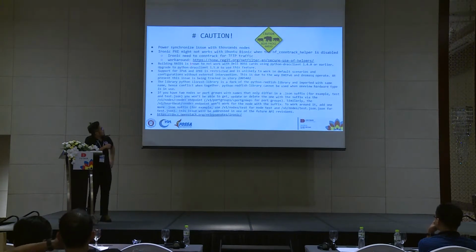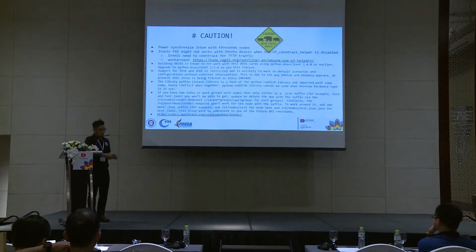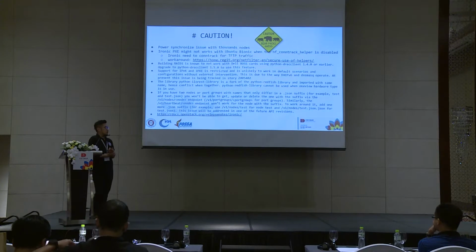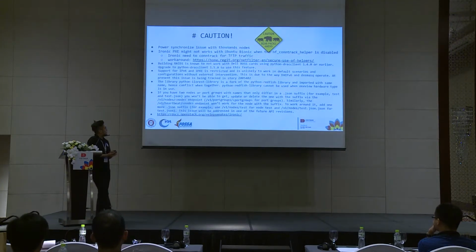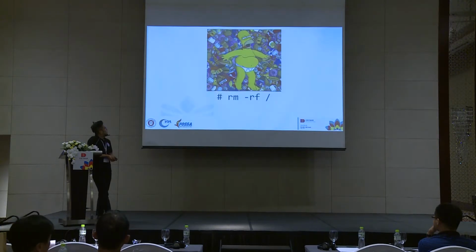So there's a workaround for PXE under the Ubuntu Bionic version when the contract helper is disabled. The workaround is there, so feel free to check it if you actually want to do it. Those are the two most likely things you might encounter, but the rest you can check, and it's not that big an issue at all, in my opinion.